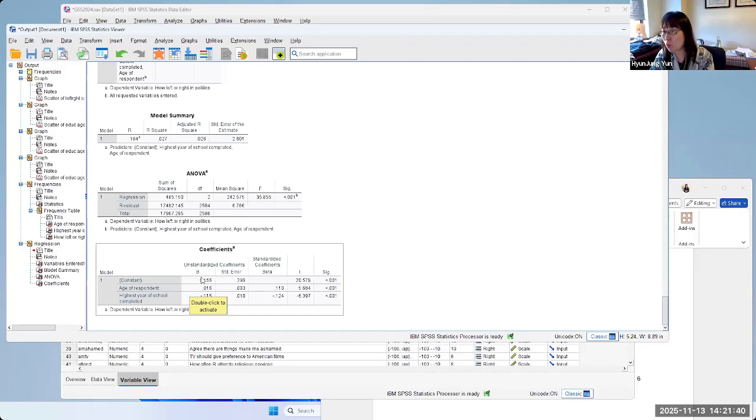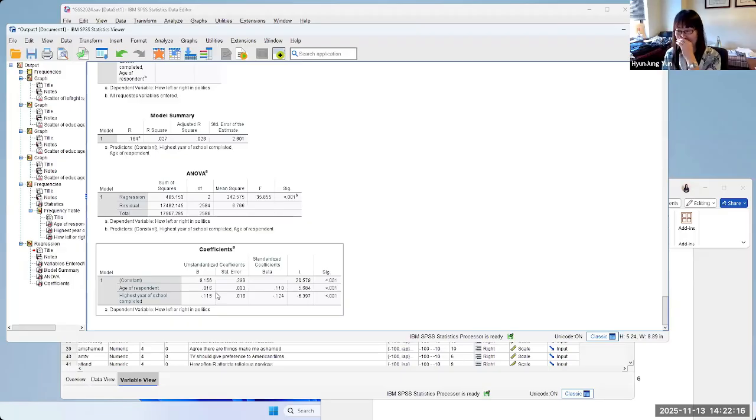When you age by one additional year, your political ideology moves toward the conservative spectrum, you are more likely to be conservative, on a scale of 10. How much? By 0.016. So if you age by one more year, you are more likely to be conservative by 0.016 on a scale of 10. That's what you can say out of this.